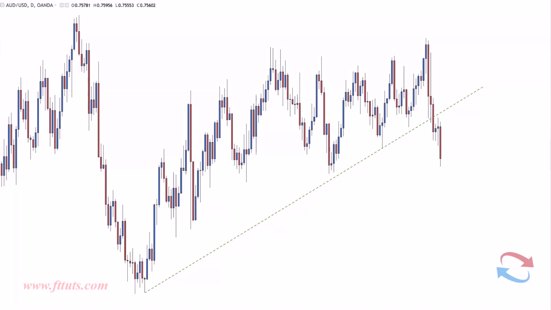So then we would start to draw our supply zone right here, and so on and so forth. That was just an exercise in understanding when to move your trend lines and connecting the higher lows and higher highs. It has to breach the highs, or in a downtrend, it has to breach the lows, and then we start to move our trend lines.